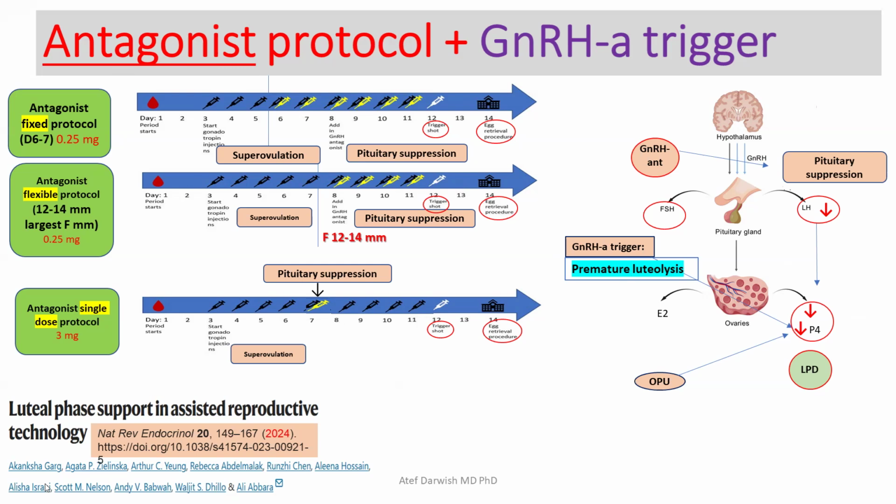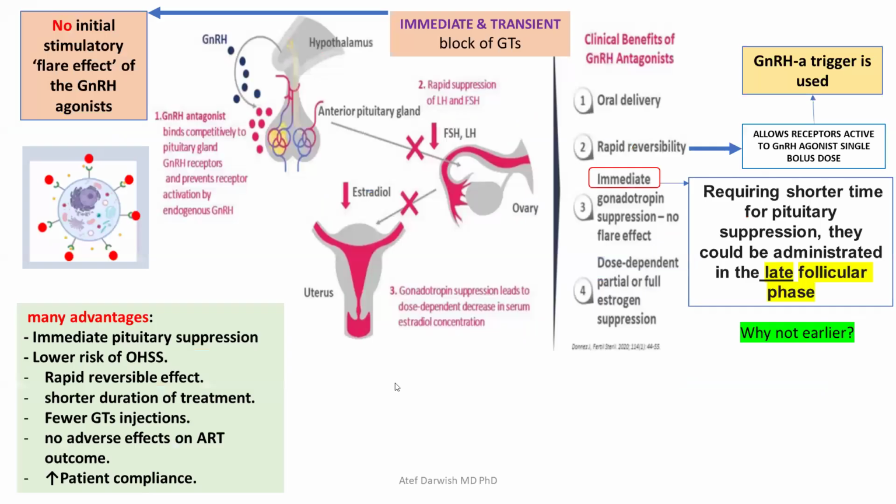Don't forget that these are recent studies on these issues. I told you the antagonist protocol blocks the receptors, but does not decrease the receptors, so it causes pituitary suppression with no initial flare-up as with the GnRH agonist. This effect is immediate and transient, dose-dependent, with rapid reversibility, so we can give GnRH agonist trigger, and since it is immediate and transient, we can start it late, not early in the cycle.